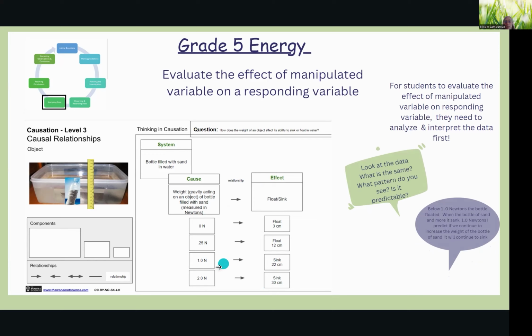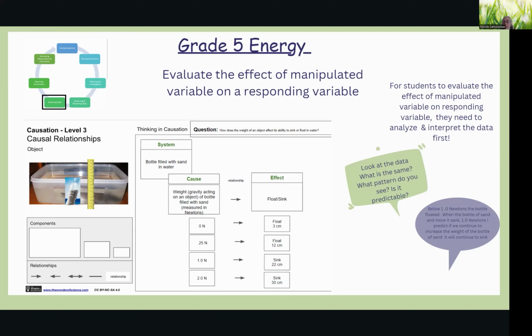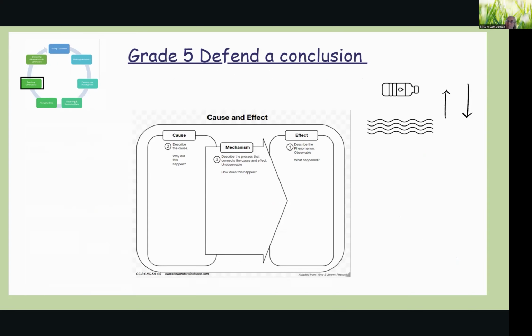They could say, well, I see that as the weight is below 1.0 newtons, the bottle was floating. And when it got to 1.0 newtons and above, it sank to the bottom. So I predict that if we add 3.0 newtons, it would sink, right? That's predictability. But then they have to defend a conclusion based on the cause and effect relationship, right?